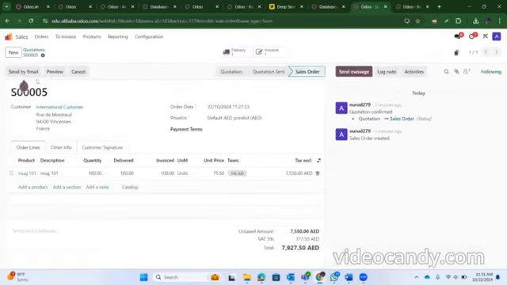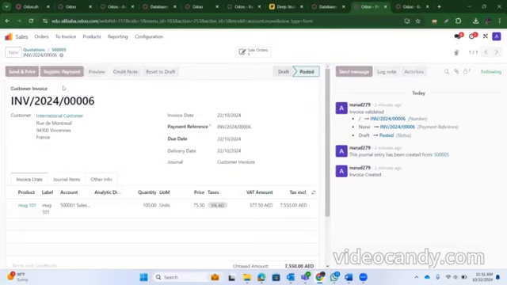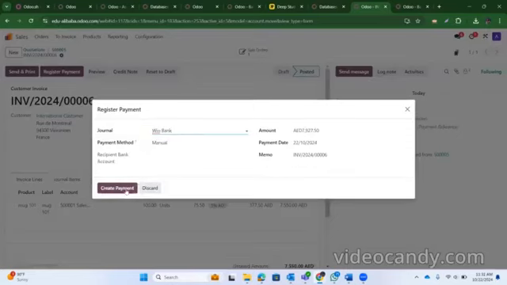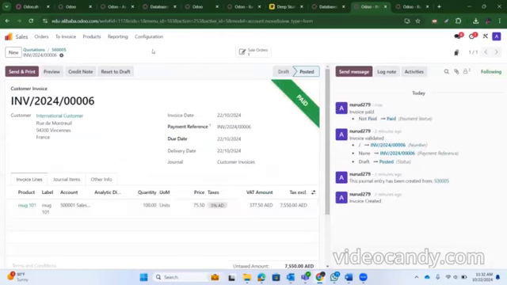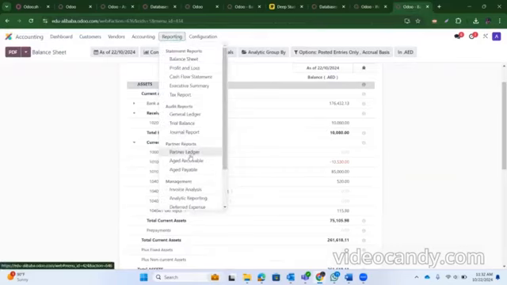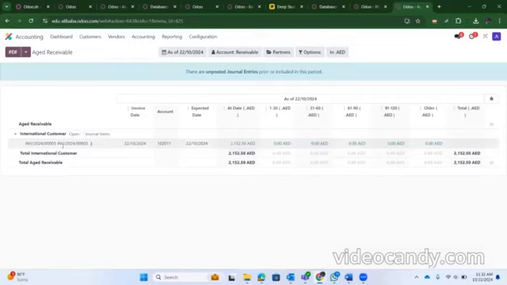So let's assume now we have the invoice. Let's create the payment. So we need to create a payment, and let's go to bank, to debit bank with this, just to clear the accounts receivable. So let's indicate this. Now payment is done. If we go to our balance sheet and we now go to our aged receivable, it is going to be zero of that particular figure. That amount is gone.